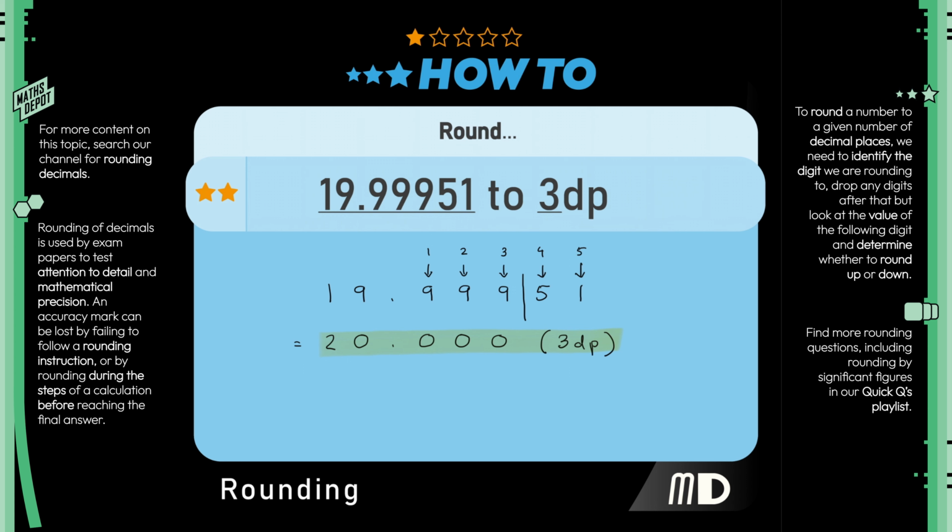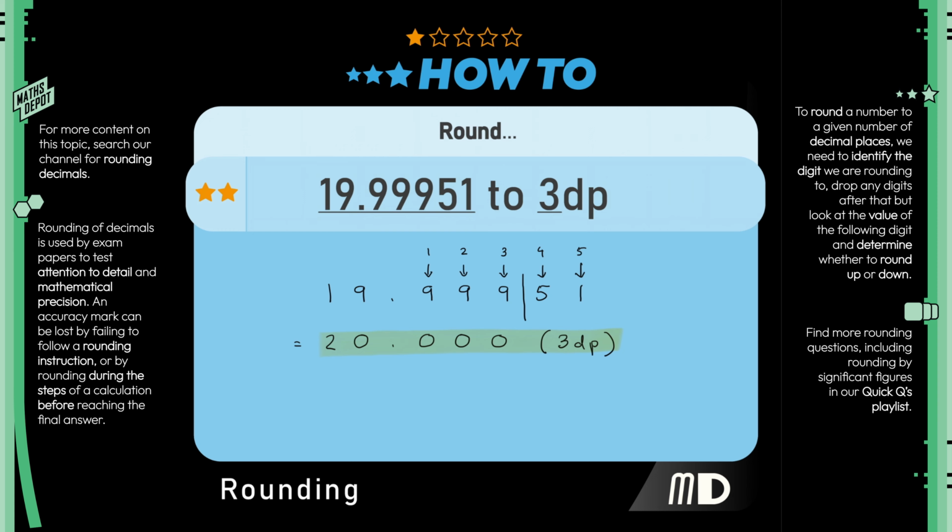Finally, we've been asked to round 19.99951 to 3 decimal places, the ultimate boss battle of decimal rounding. This question challenges us with every situation we've met in one single problem.